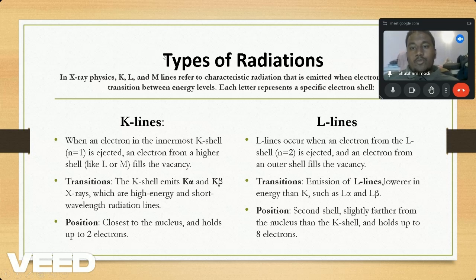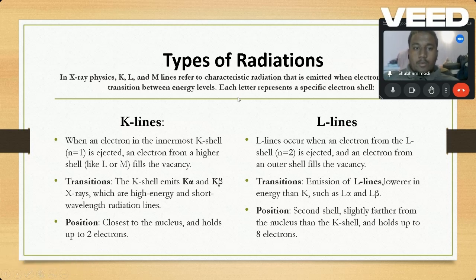And now moving towards the different types of radiations in X-rays, we can find KLM lines, and furthermore, they are considered as characteristic radiations, and each letter specifies an electron shell. For the K lines, which means from any shell n greater than 1, when the electrons revert back to n equals 1 and it generates an X-ray, we will consider it as a K line.